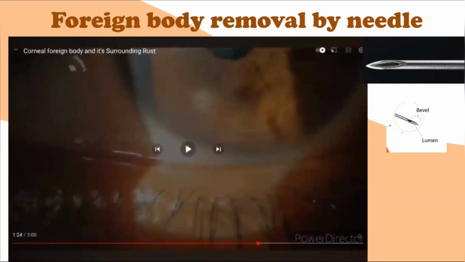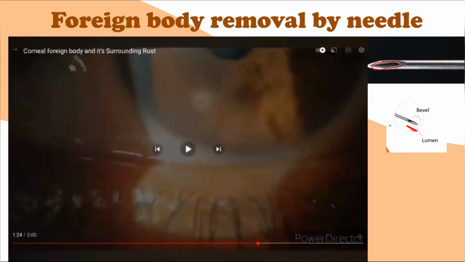We usually use a small needle, like an insulin needle, and we use the bevel of the needle. This is the bevel of the needle. We use it tangentially, not at 90 degrees, I mean at the same angle as the eye.